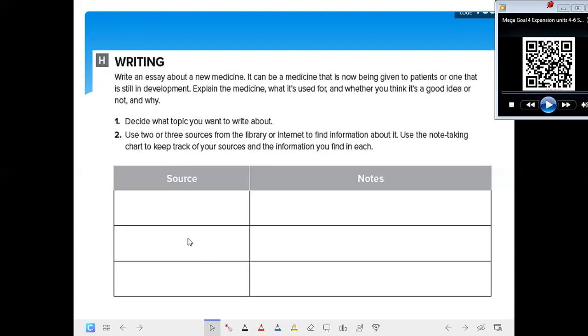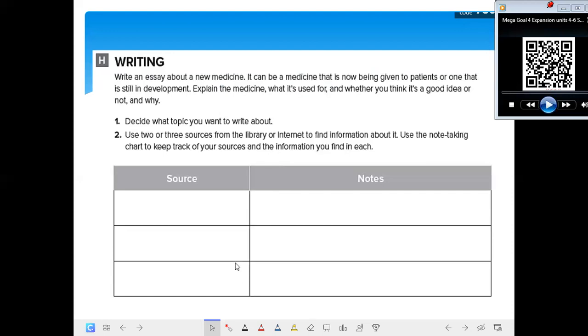So here, my dear students, he wants you to write the sources. He wants you to write the sources here you got the information from. And here he wants you to write the notes, the information you got from these sources.